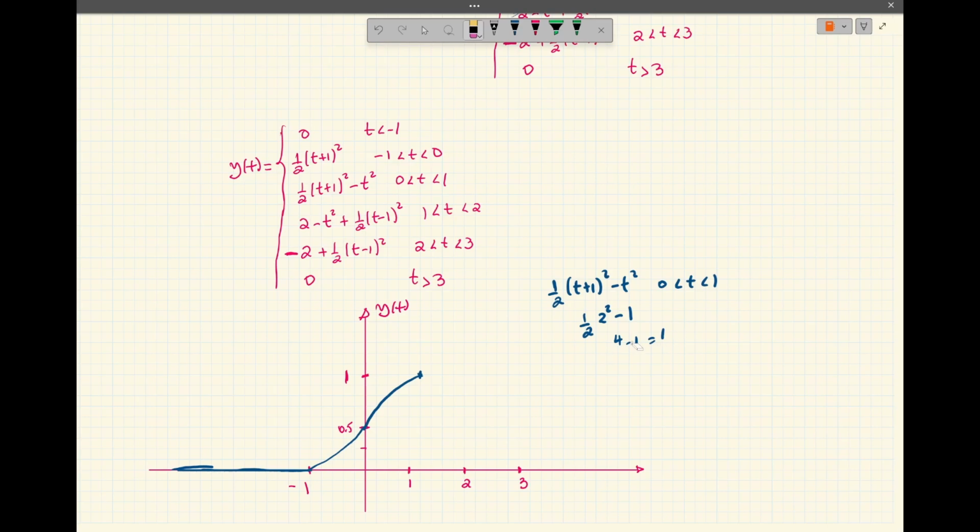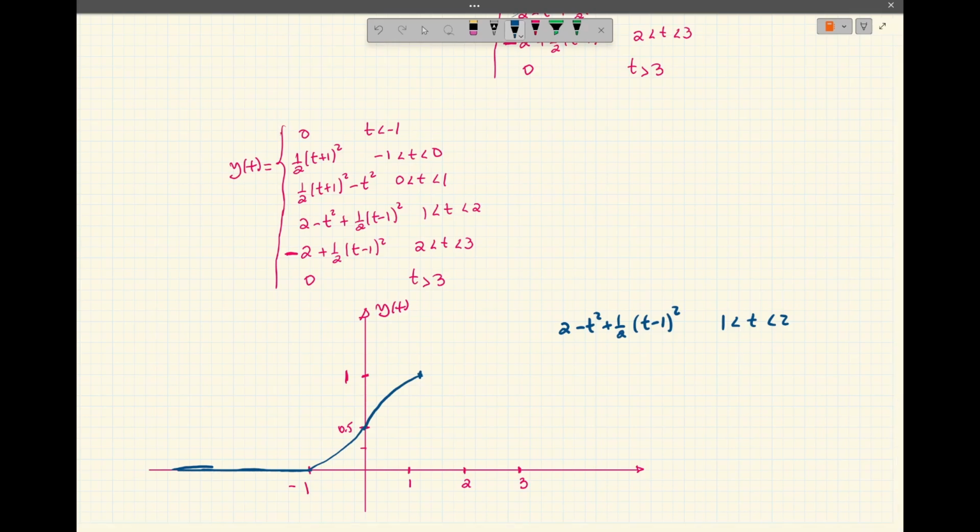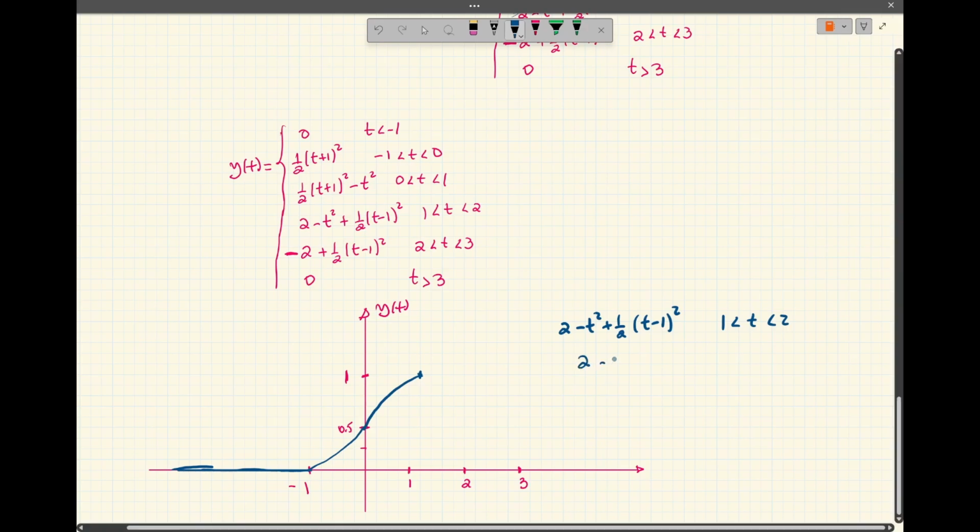Now let's take care of the next one. So the next one gives me 2 minus t squared plus half (t minus 1) square. I could simplify this, but I'll just leave it in this form because it's easy to sketch. So that is 1 less than t less than 2. We know that when t equals 1, y of t equals 1. Now when t equals 2, I'm gonna sub that in here. 2 minus 2 square plus half (2 minus 1) square.